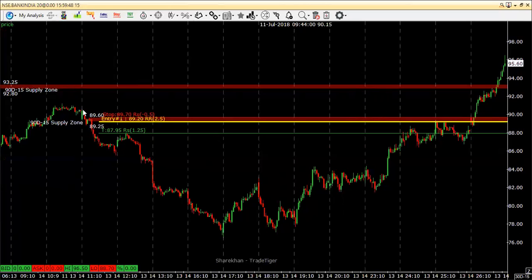We measure the quality in terms of certain scoring, and we also check how probable it is that this zone will really work out. So even the probability is quantified, and then based on the score we decide whether to take the trade or not. Of course this video will not have time to get into how we do the scoring, but we will definitely get into that in great detail in our course.